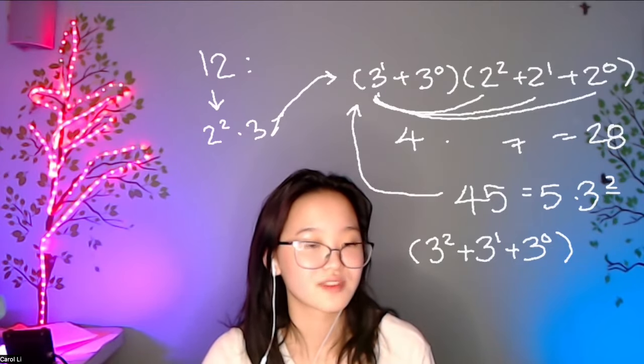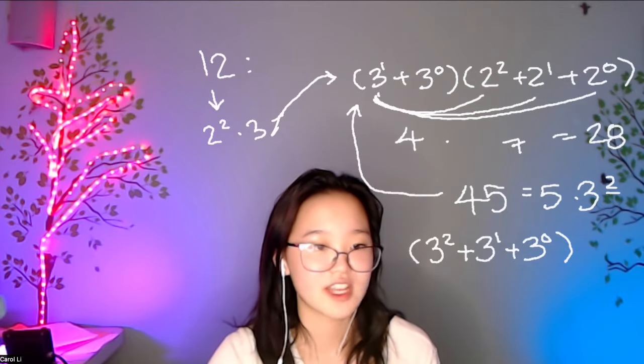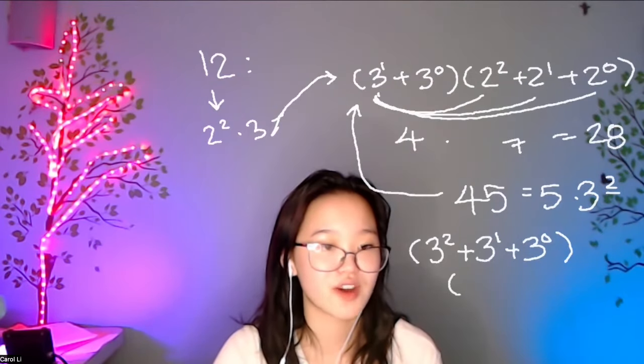So times 5 to the power of 1 plus 5 to the power of 0. And that will be 13 times 6, which is 78.